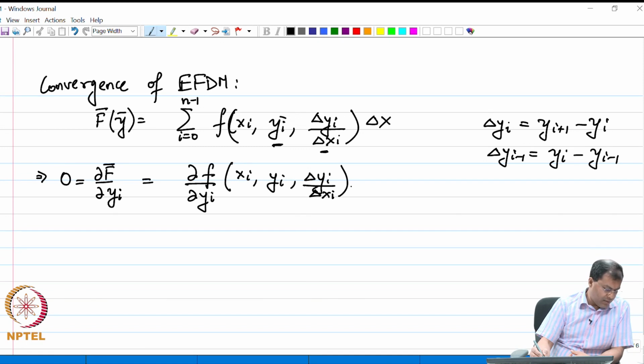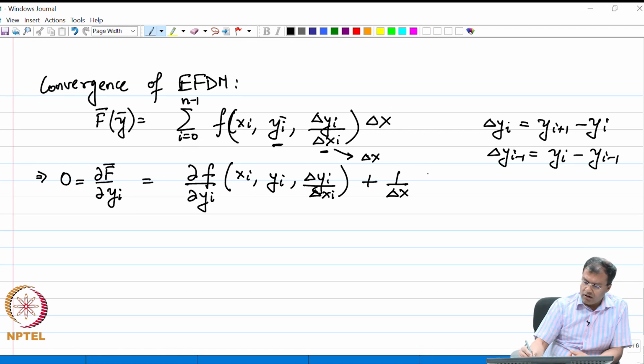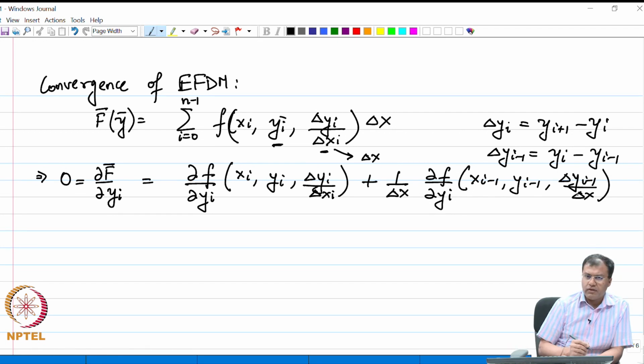So, then the other two terms are, well, delta x_i, this is nothing but delta x. So, I get two more terms, 1 by delta x times the derivative of this quantity with respect to y_i, that is also equal to del f del y_i times of the argument x_i minus 1, y_i minus 1, comma delta y_i minus 1 by delta x, or delta x_i minus 1, which is delta x, right, and minus, because y_i appears here with a minus.